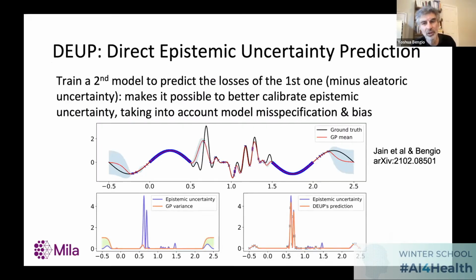There's another approach which we introduced last year, where you train a second network to predict the error of the main network. That has some advantages in terms of not being so dependent on the parametric assumptions that the Bayesian approach is making.